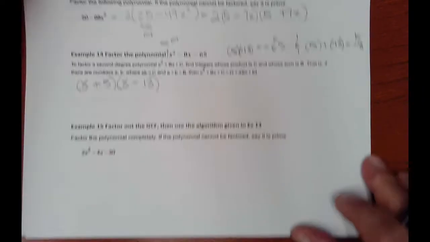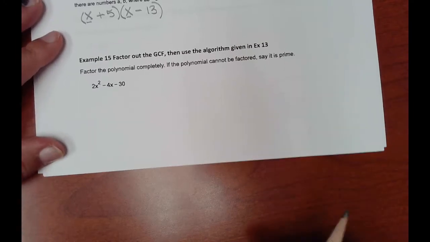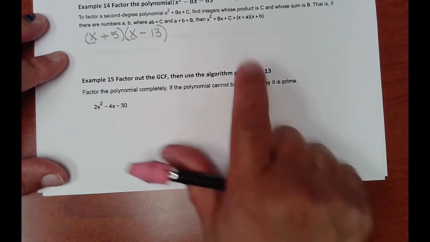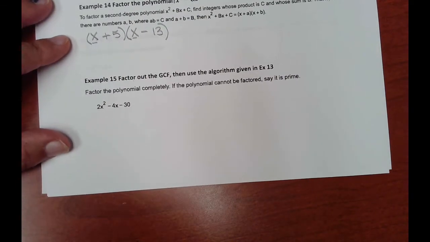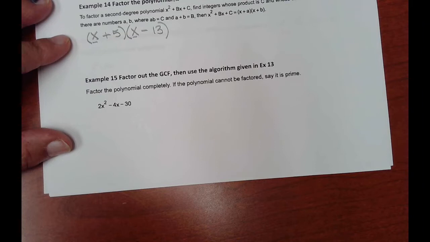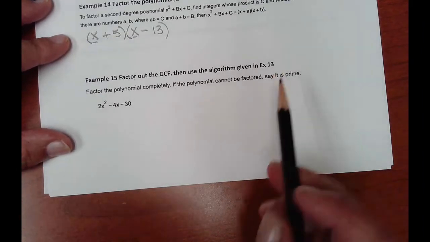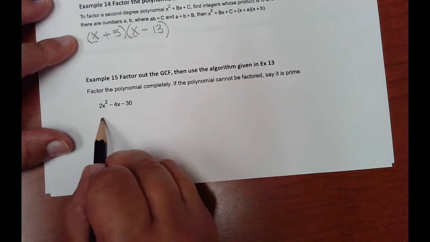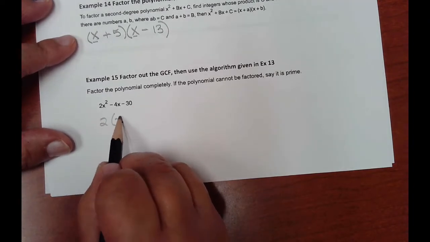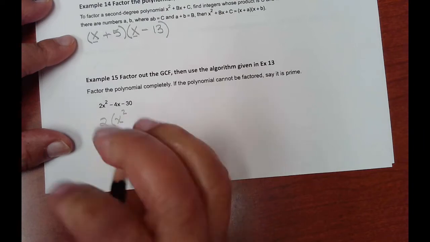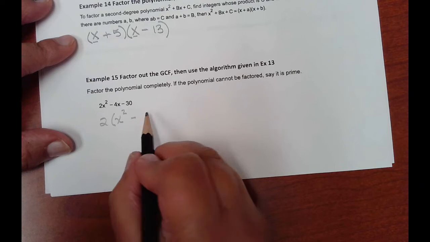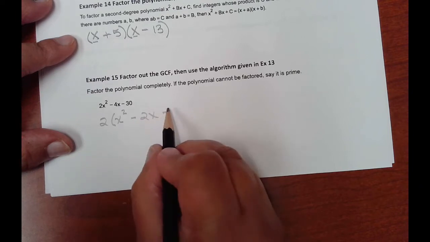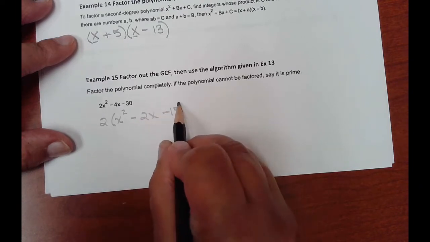Okay, moving to 15, factor out the GCF, then use the algorithm given in number 13. I don't know if that's the algorithm in number 13. Okay, so let's see. We're going to take out the 2 first, and that'll be x squared minus 2x minus 15.